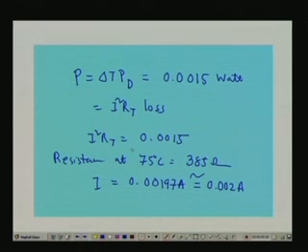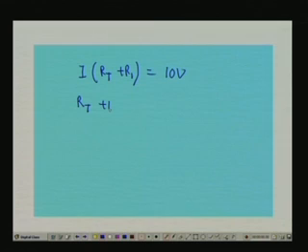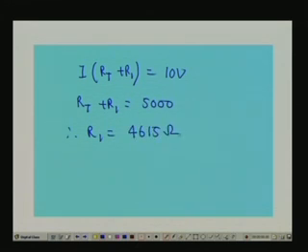Now, from the Wheatstone bridge circuit, quite obviously I can write I equal to 10 volt divided by RT plus R1. So, this will give you that RT plus R1 equal to 5000. RT we already know is 385 ohm. Therefore, R1 will be equal to 4615 ohm.